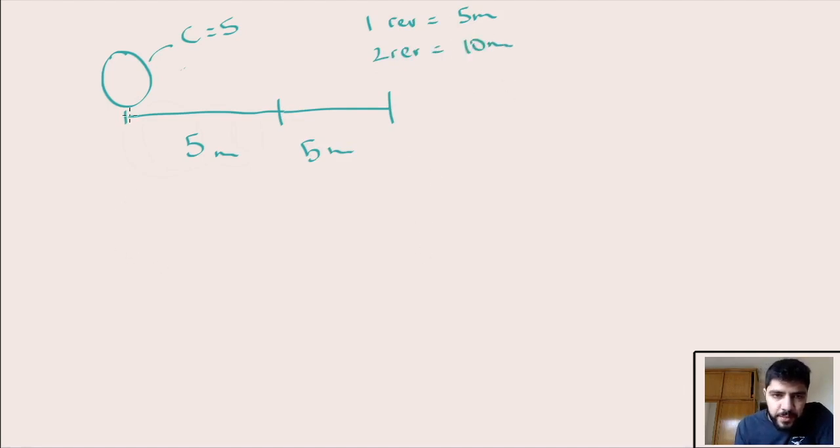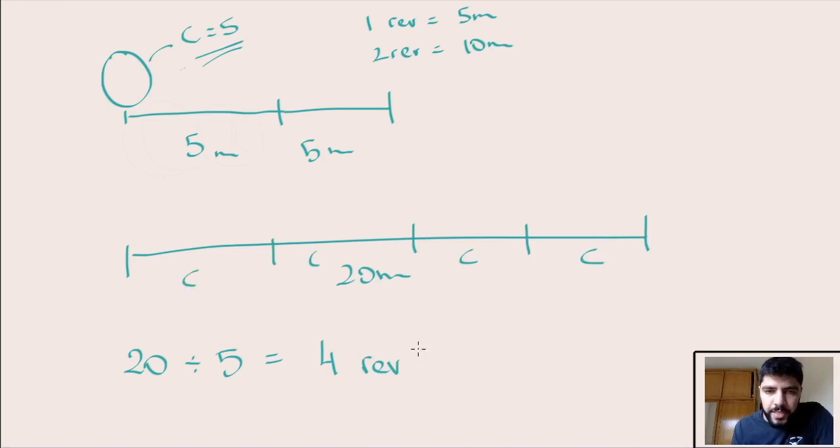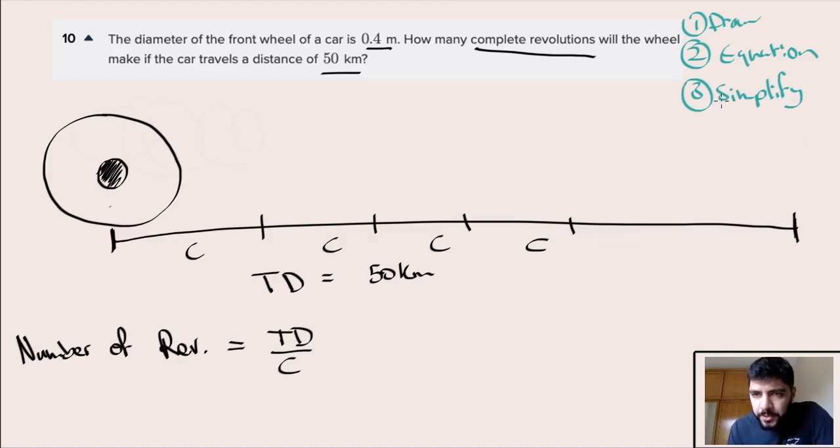If I say that this coin or circle or wheel went a distance of 20 meters, how many revolutions is that? So we'd have to say 20, which is the total distance, divided by the circumference, 5, which means it did 4 revolutions. Does that make sense? So 1, 2, 3, and then 4. And that's how it made 20 meters. So we simplified this problem here just to get a grasp of what's going on.